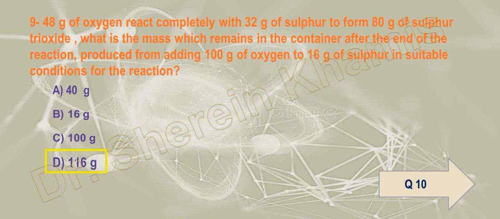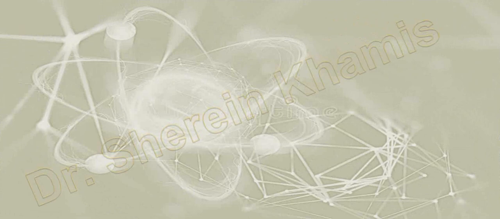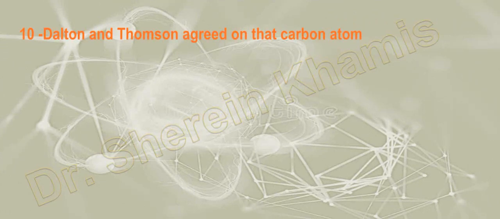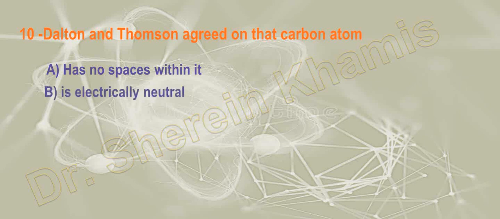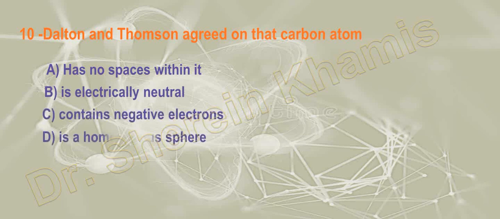Okay, let's go to question number 10. It says that Dalton and Thomson agreed that a carbon atom: has no space within, is electrically neutral and contains negative electrons, or is a homogeneous sphere.